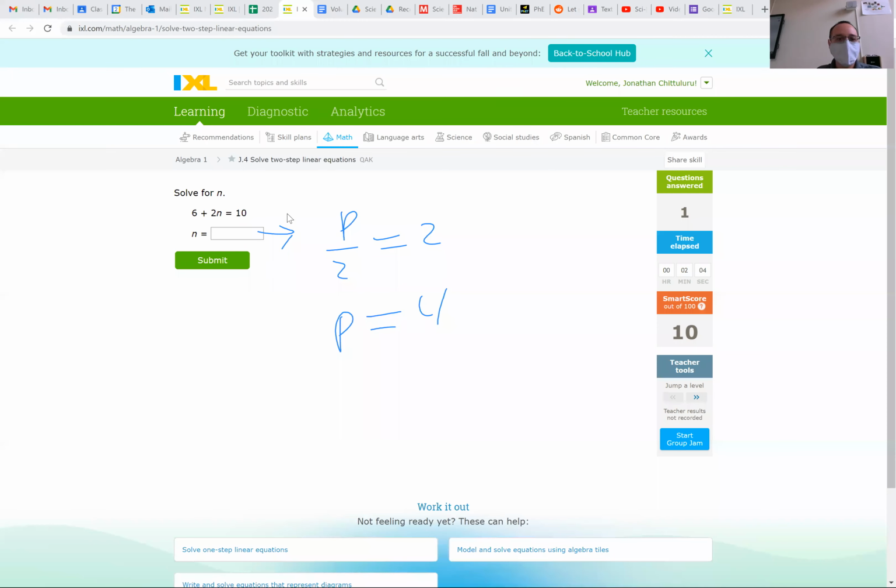So next question. Let's go ahead and take a look at this one. So we'll clear our drawing from last time. Okay, so let's take a look at this next problem. 6 plus 2n equals 10. So the first thing we want to do is get rid of that 6 on the left. So we have to subtract 6 from both sides. When we do that, we have 2n equals 4, okay?